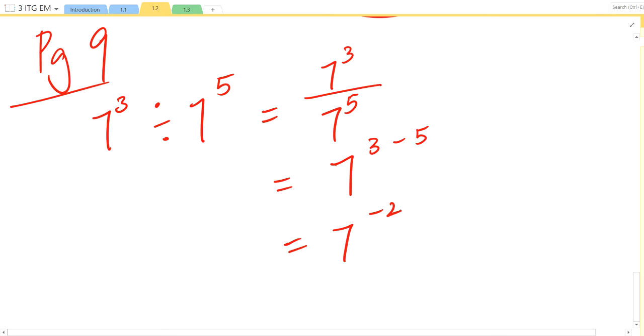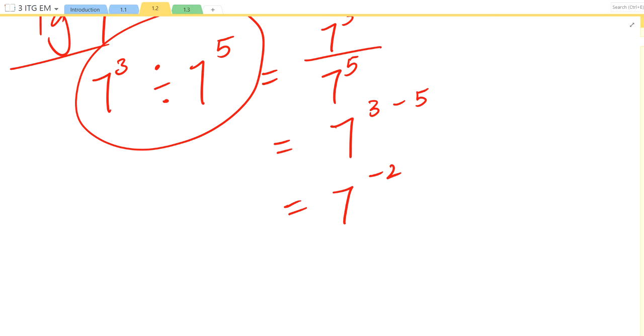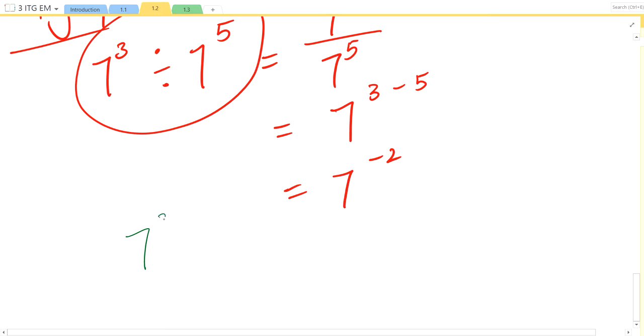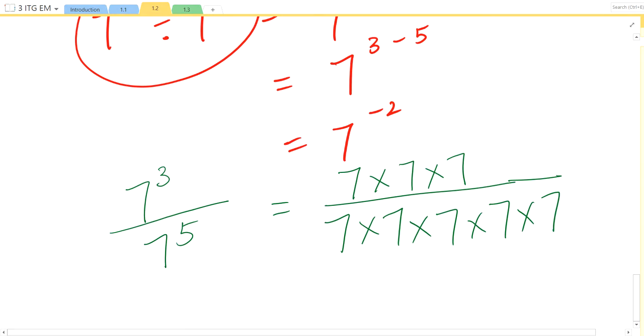Can we do the same question with another method? Another method will therefore be 7 power 3 over 7 power 5. And I get 7 times 7 times 7 divided by 7 times 7 times 7 times 7 times 7. What should I do with this?